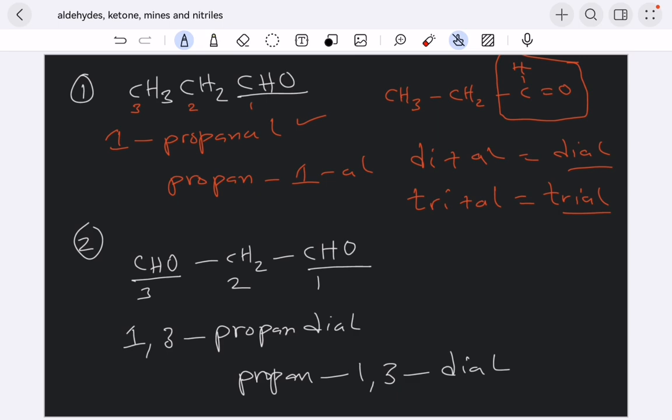So what is important is to know its functional group, which is this, and then its suffix, which is -al. Then the rest is the same rule. Maybe I can give one last example.